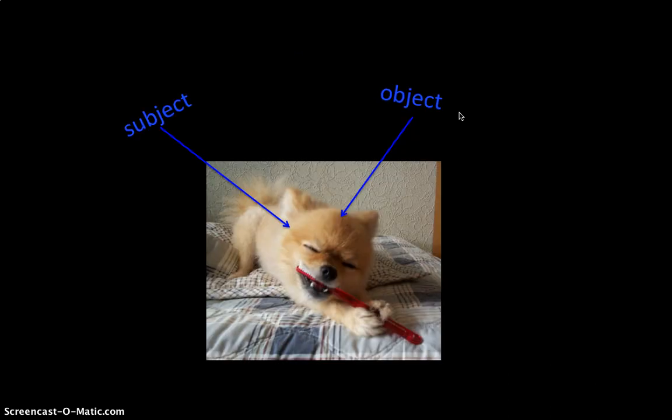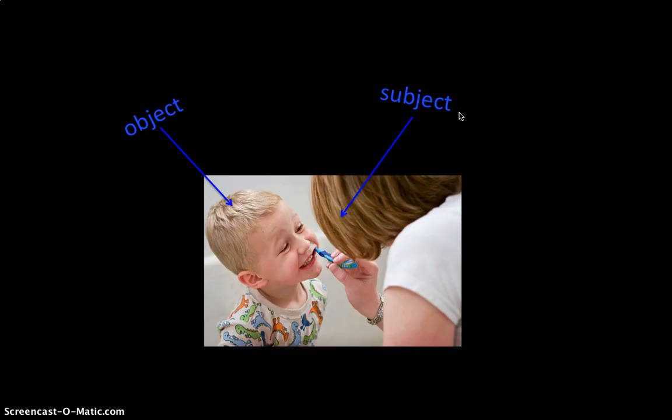So, in our first picture, look at the little perro brushing his teeth. Crazy. He is the one doing the brushing, and he is the one getting the brushing. He is the subject and the object. They are equal. Therefore, it's a reflexive verb. However, in our second photo, the person doing the brushing, the mother, is obviously not the same person who is receiving the brushing, the son.